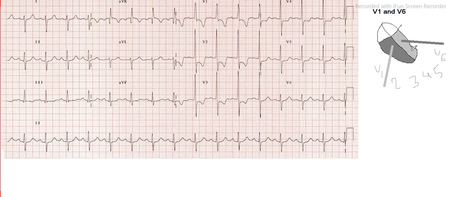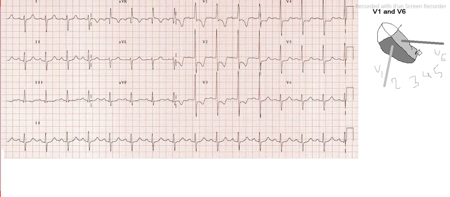So you see that the major portion of right ventricular depolarization is picked up by leads V1, V2, V3, and the major portion of left ventricular depolarization will be picked up by V5, V6 and to some extent V4. This basic theoretical idea you need to have.